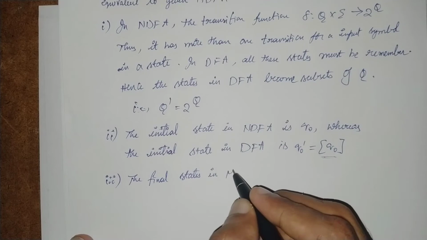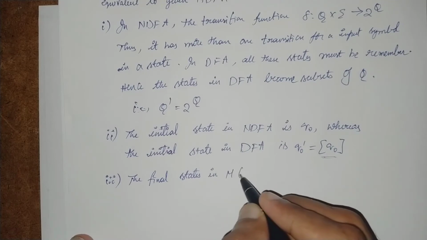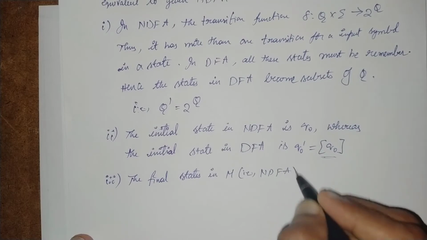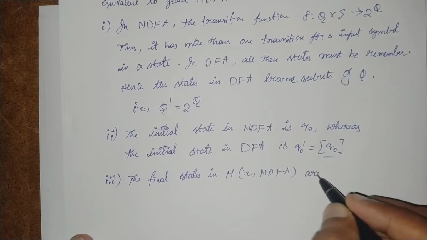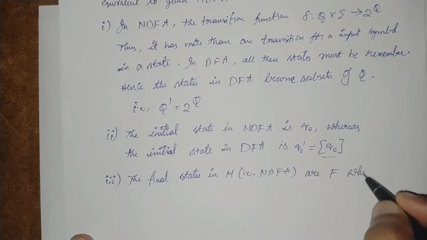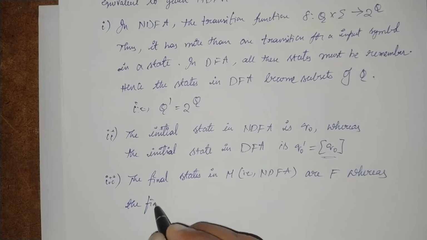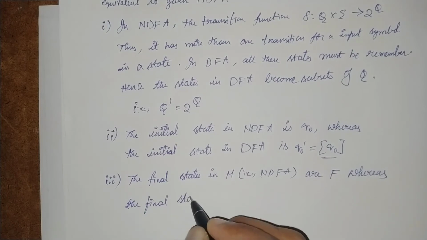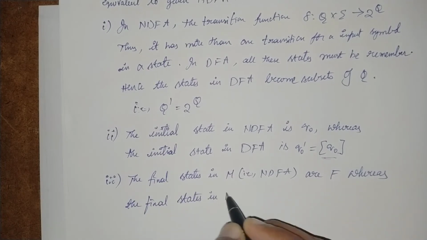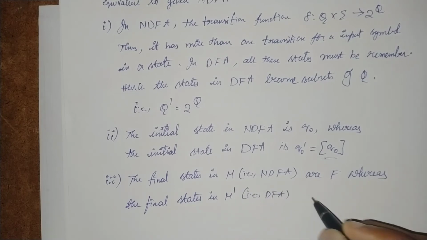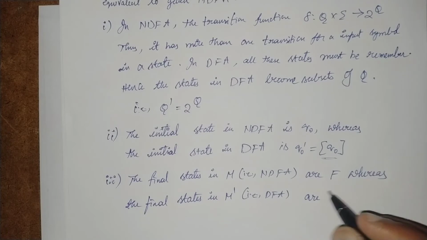in capital M, that is NDFA, are capital F, whereas the final states in M dash, that is in DFA, are F dash.